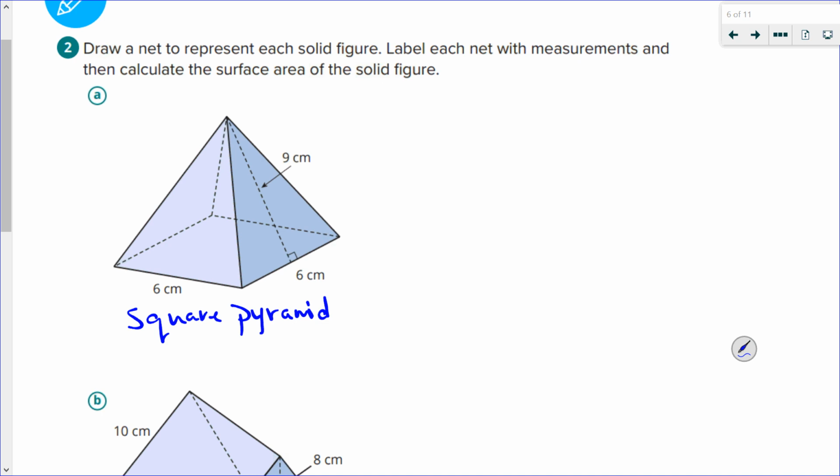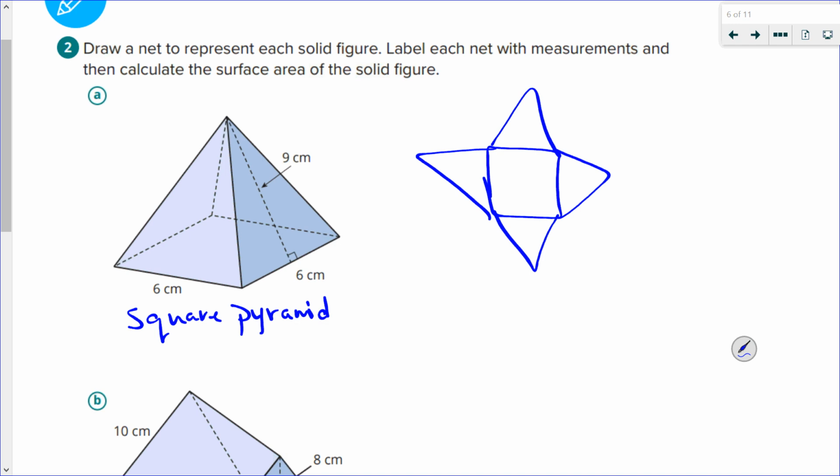Because it's a pyramid, I start with my base shape, which is a square. I draw triangles off each of the sides. So that's a terrible one because triangles should have all been equal. I label it. I have a side of 6 and a slant height of 9, meaning that the height on my triangles are all going to be 9.